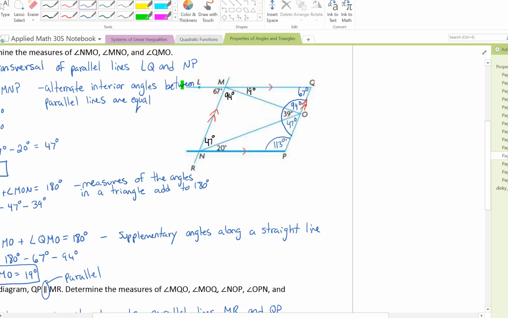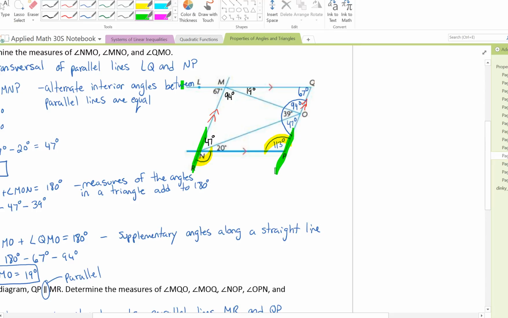And now angle RNP, where is that sitting? RNP is sitting down here. And we can see that that's also going to be 113 degrees because the two angles, this one and this one, are alternate interior angles again. Interior to what? Those two parallel lines that I just unhighlighted. Okay, so they're alternate interior.